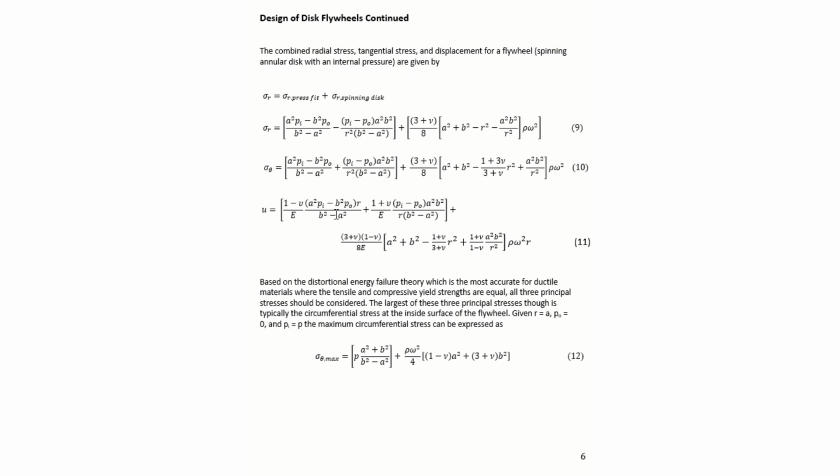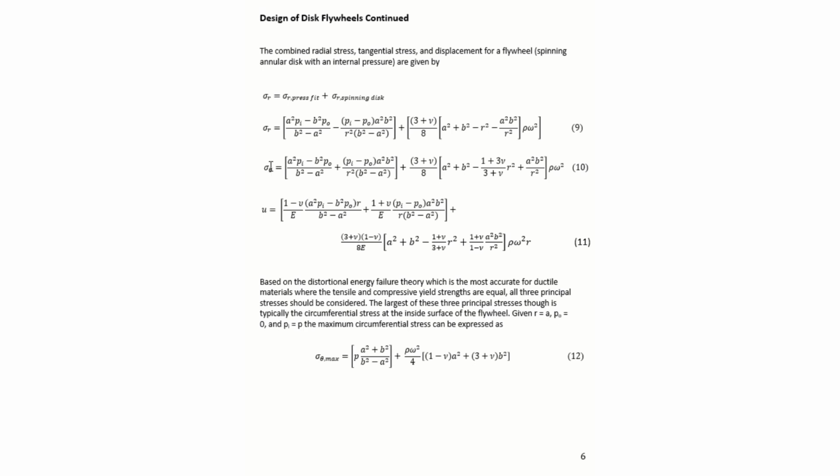The overall displacement can be computed by similar ideas of superposition, where we have here the displacement due to the press fit, and then here the displacement due to the spinning. Now, if you recall, the distortion energy failure theory is based on all three principal stresses, and these are two of the three principal stresses. Typically in these types of problems, sigma z is 0.